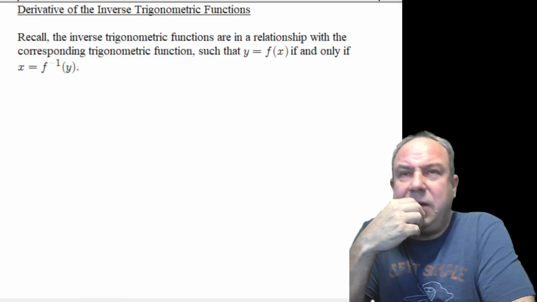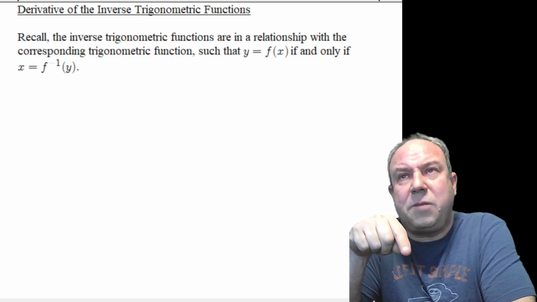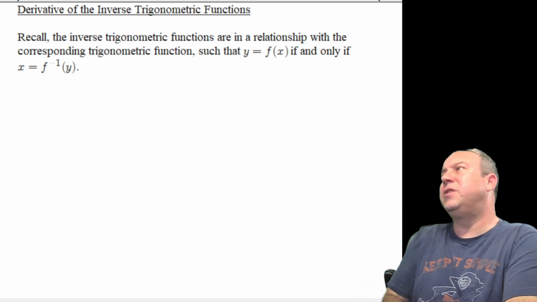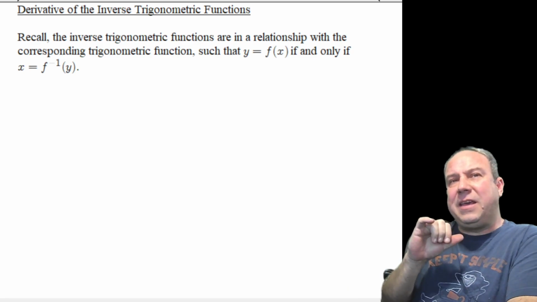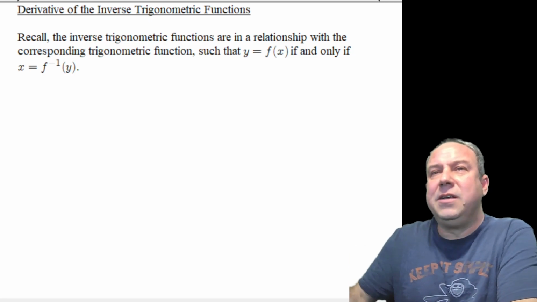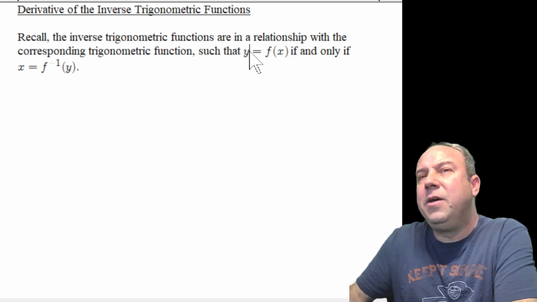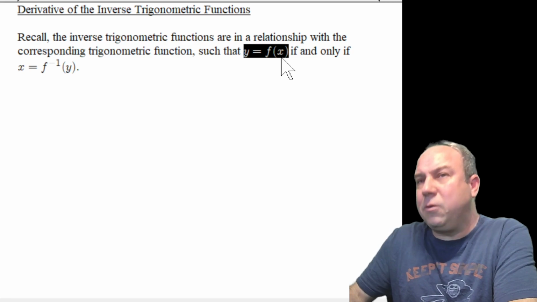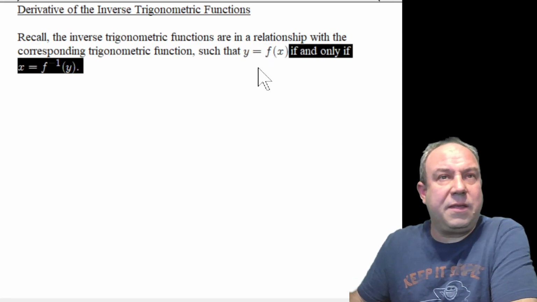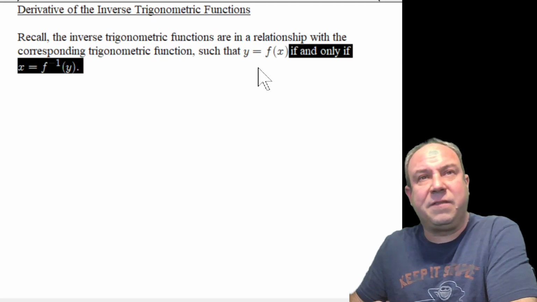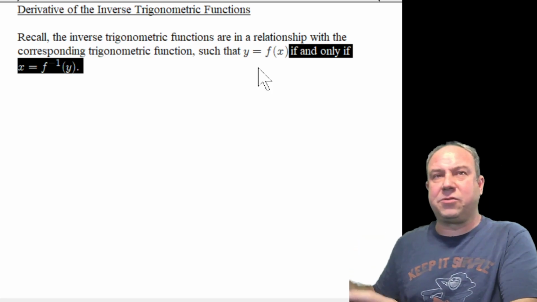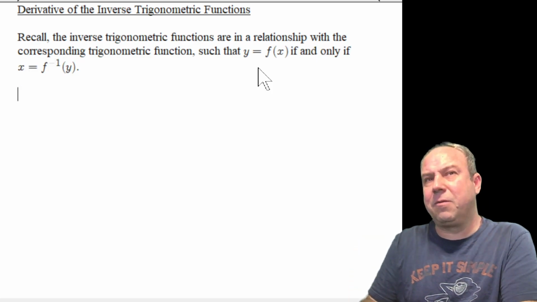If we remember, the inverse trigonometric functions are in a relationship with their corresponding trigonometric functions in an inverse behavior, right? Such that y is equal to f of x if and only if x is equal to the f inverse of y for our specific inverse trigonometric function, right?